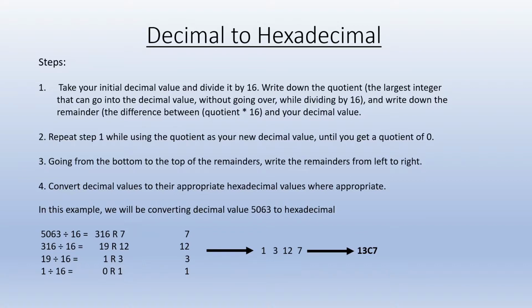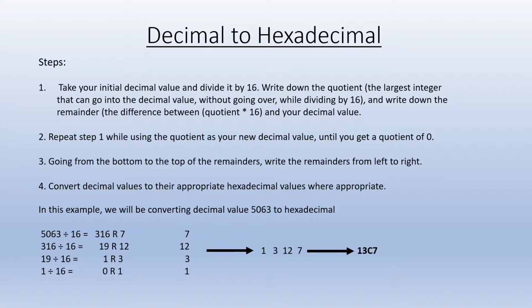As you see at the bottom, you have from bottom to top, it's 1, 3, 12, and 7. So you'd write those from left to right. And then you're going to convert the decimal values to their appropriate hexadecimal values where appropriate. So 1, 3, and 7 are good, but there's no such thing as a 12 character per se in hexadecimal. It's represented by the character C.